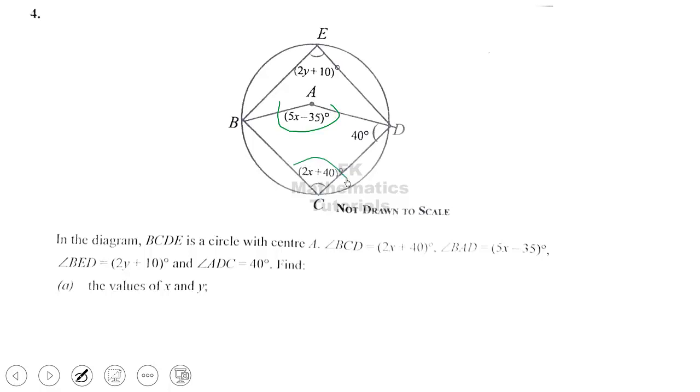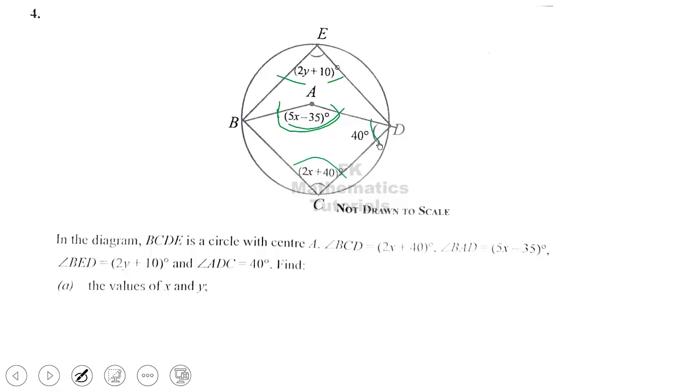Angle BAD is 5x minus 35. So this angle here is 5x minus 35 degrees. Angle BED is 2y plus 10 degrees. So this is 2y plus 10 degrees. And angle ADC is 40 degrees. This is 40 degrees. Find the values of x and y.